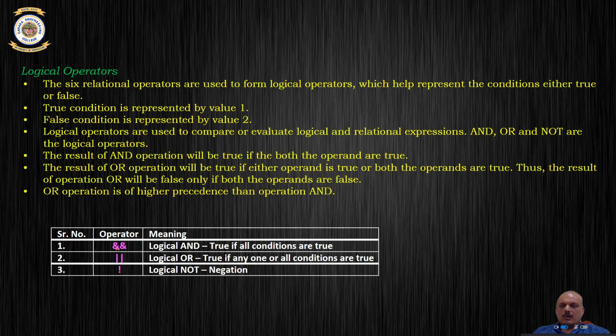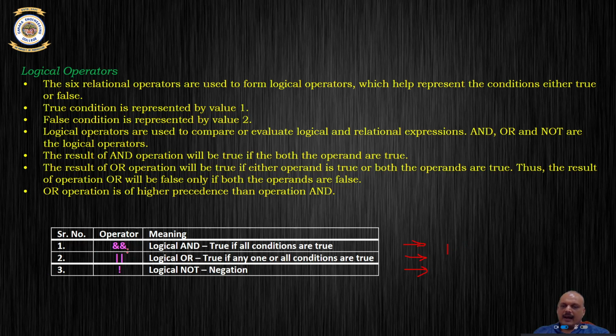Logical operators, very similar to relational operators, return only either a true or a false. So both relational and logical operators output the value in terms of a logic 1 or a logic 0.